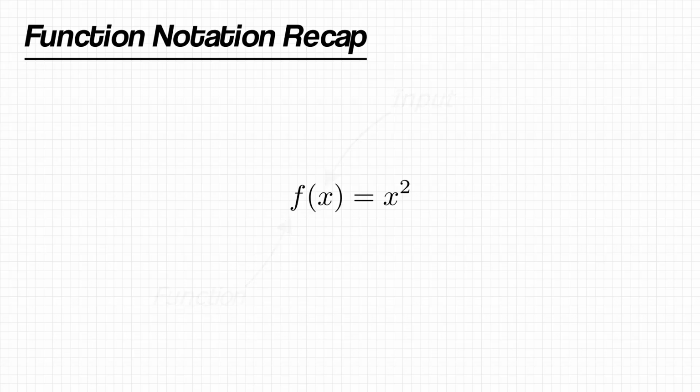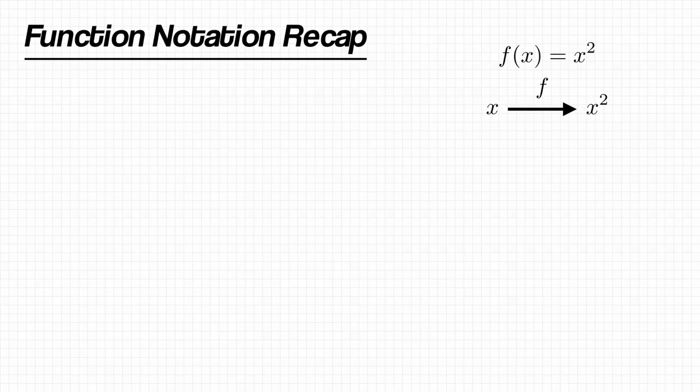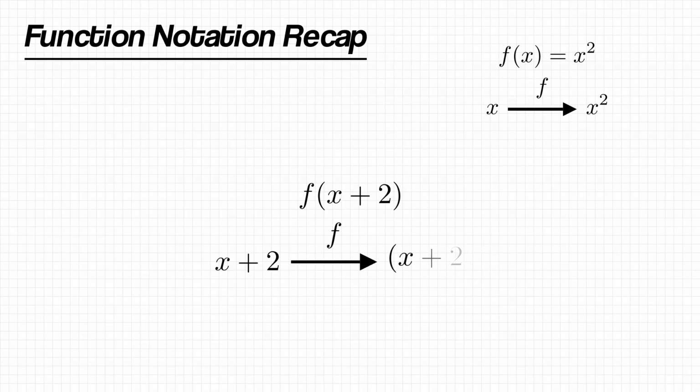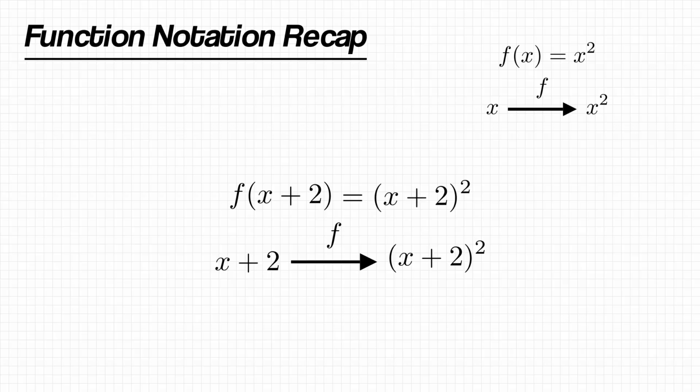This function simply takes the input and squares it to produce the output. Now let's change the input to x plus 2 and apply the same function. F still just squares the input, so f of x plus 2 would simply be x plus 2 all squared.